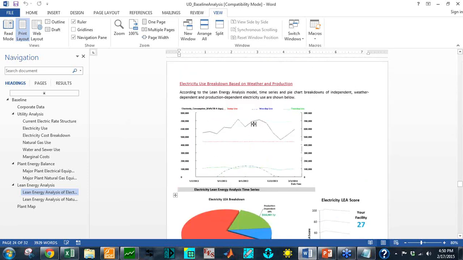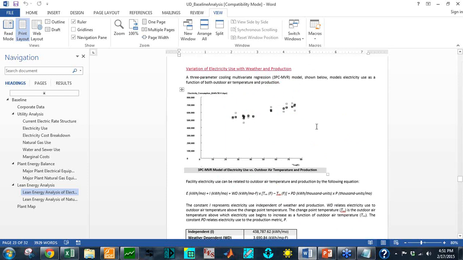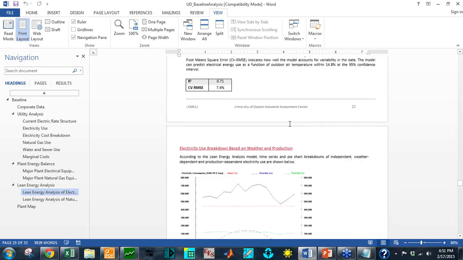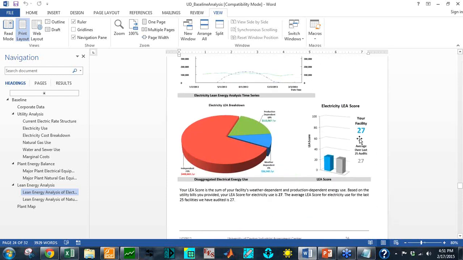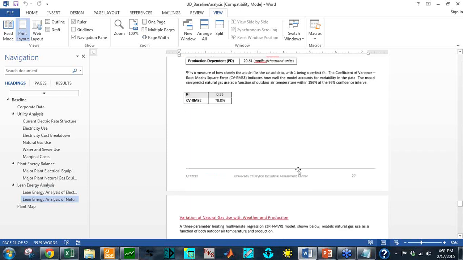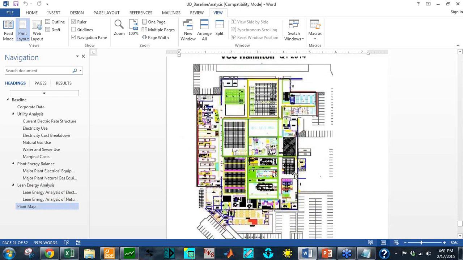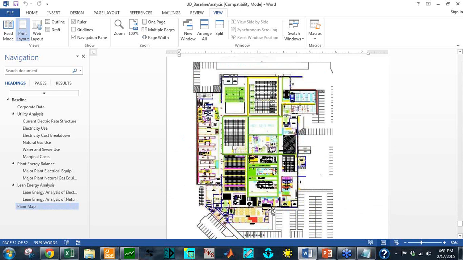We show this in this one, which is from that 3P multivariate. I don't think this clearly communicates what's going on, so that's why we also show this and assign a score, kind of as a motor, if you will. We have the same thing for natural gas. And then one of the last things that we usually ask for is a plant map.